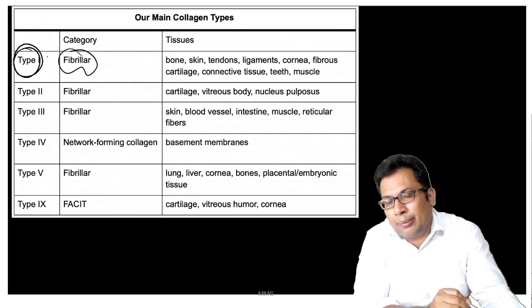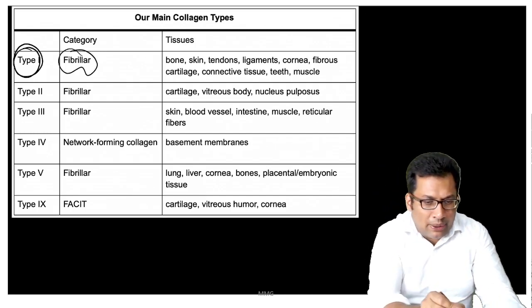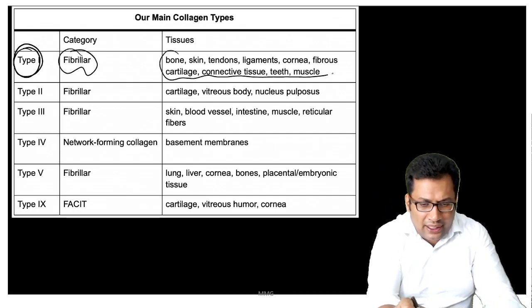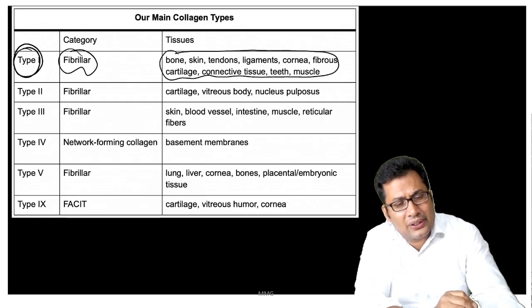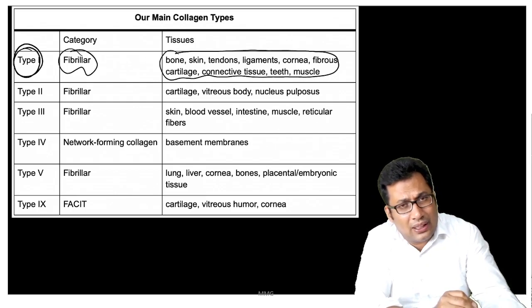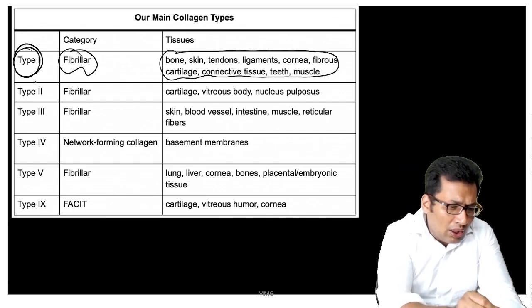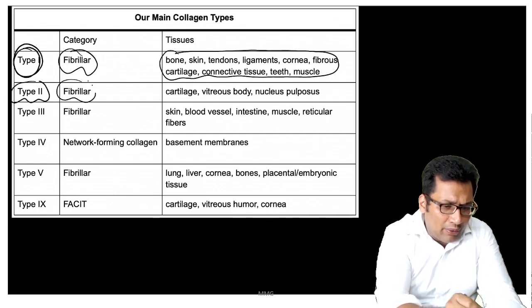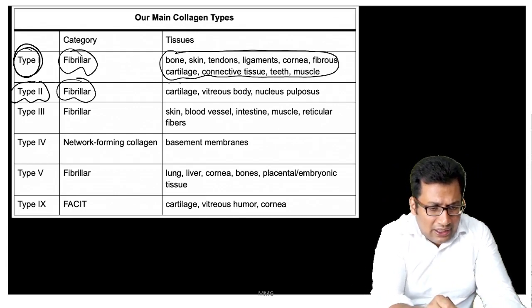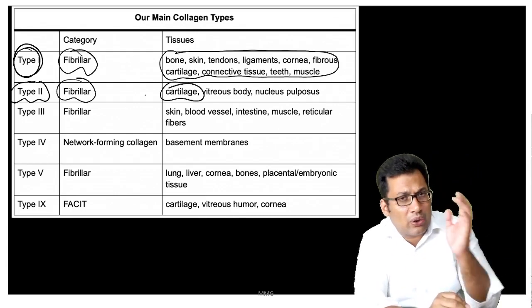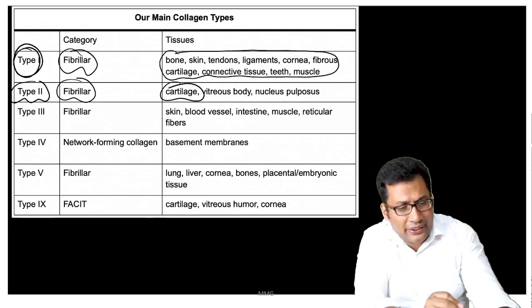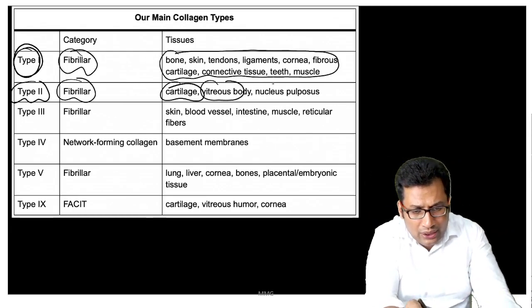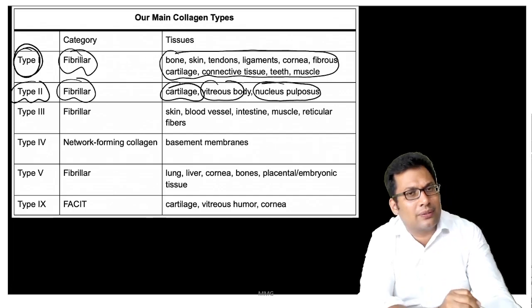It is present in bone, skin, tendon, ligaments, cornea, fibrous cartilage, connective tissue, teeth, and muscle. Type 2, again fibrillar, is present in the cartilage. The strongest is type 1. Type 2 is present in cartilage, vitreous body, and nucleus pulposus.